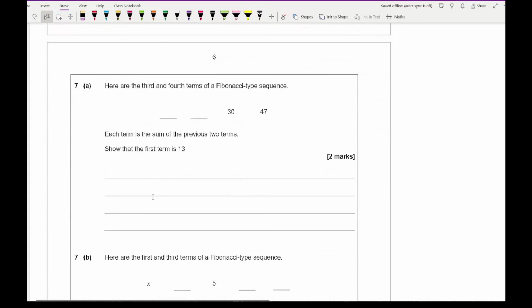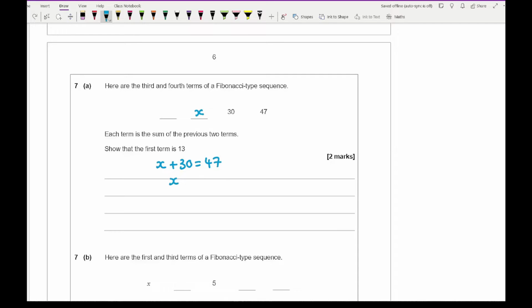Moving on to question 7, it says here are the third and fourth terms of a Fibonacci type sequence. Each term is the sum of the previous two terms. Show that the first term is 13. So for this question, let me start by writing the second term as x. So what I know is that x plus 30 equals 47.